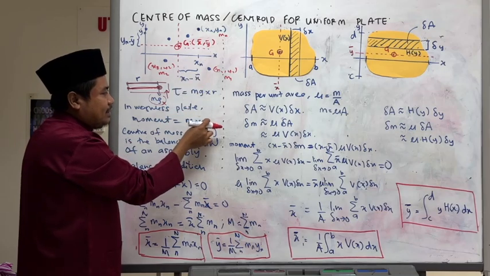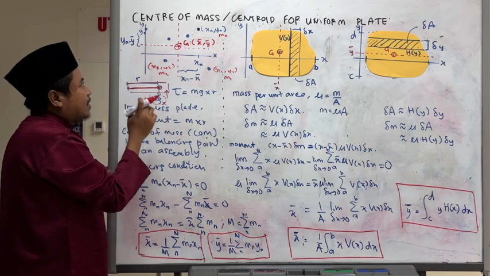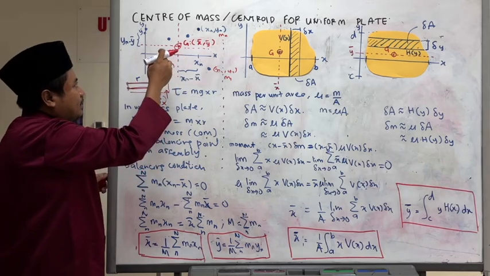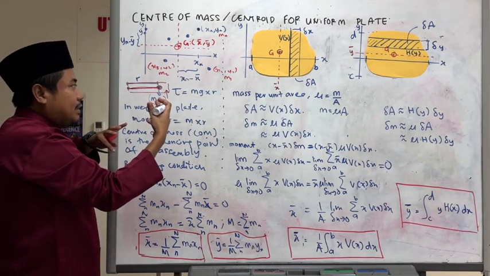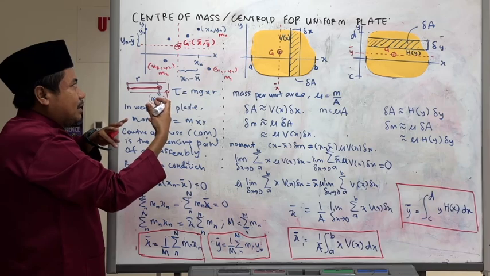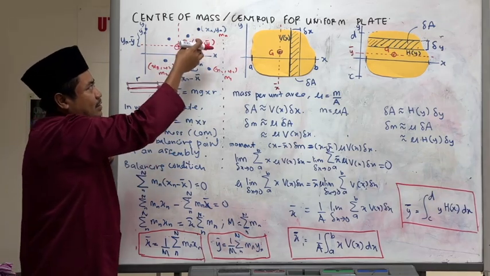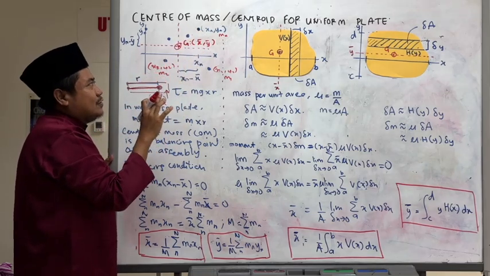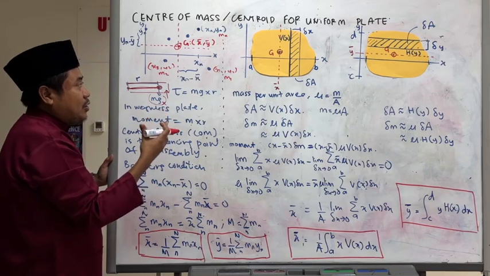If the system is mechanically balanced, the total moment of the particles must be zero. That is the mechanical equilibrium of the system.